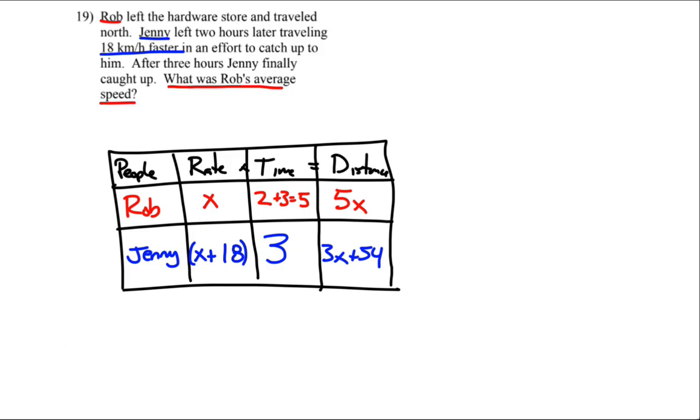And then finally, we know that she caught up to him. So if she caught up to him, they've gone the same distance. So Rob's distance of 5x must be equal to Jenny's distance of 3x plus 54.